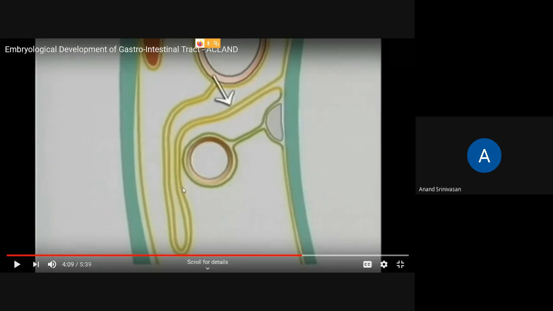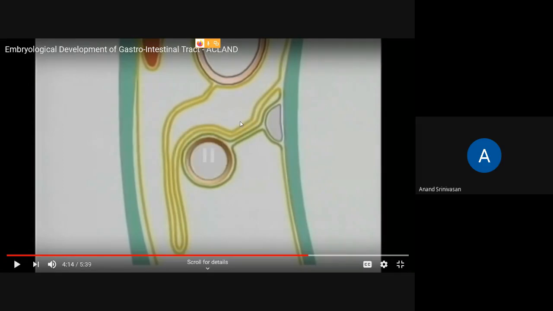It extends down, and the transverse mesocolon comes together with it, and the layers are duplicated. Can you see what happens here? This part of the greater omentum gets attached with the transverse colon and transverse mesocolon, and they form one single structure.